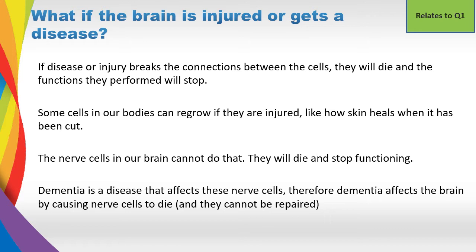In our brain, the nerve cells can't do that, they can't regrow, so they will die and stop functioning. Dementia is a disease that affects these nerve cells, so it affects those little tentacles that we talked about on the last slide. So dementia affects the brain by causing nerve cells to die. And because those nerve cells cannot be repaired, dementia causes permanent cell death within the brain.